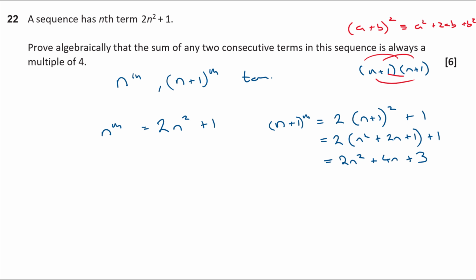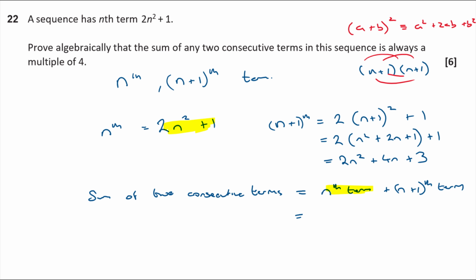So what do we want to do? The sum of any two consecutive terms in a sequence is always a multiple of 4. So we have to add these two things together then, don't we? So the sum of two consecutive terms, that's going to be the nth term plus the (n plus 1)th term, which is going to be this thing plus this thing.